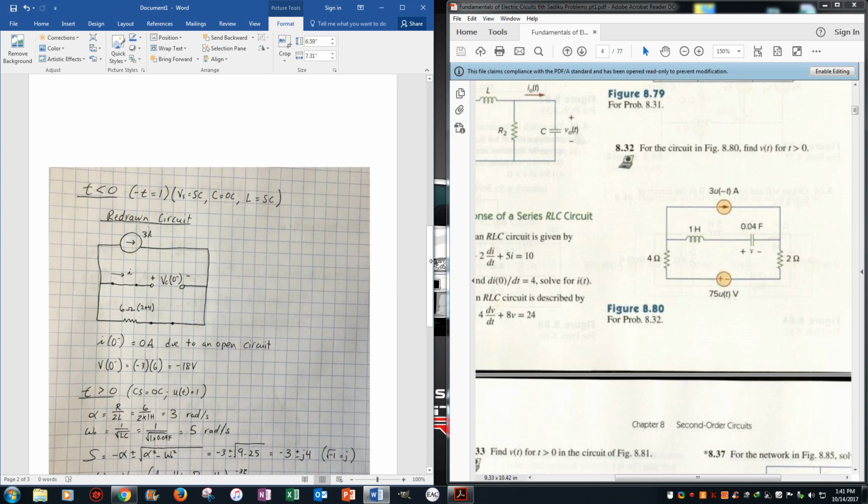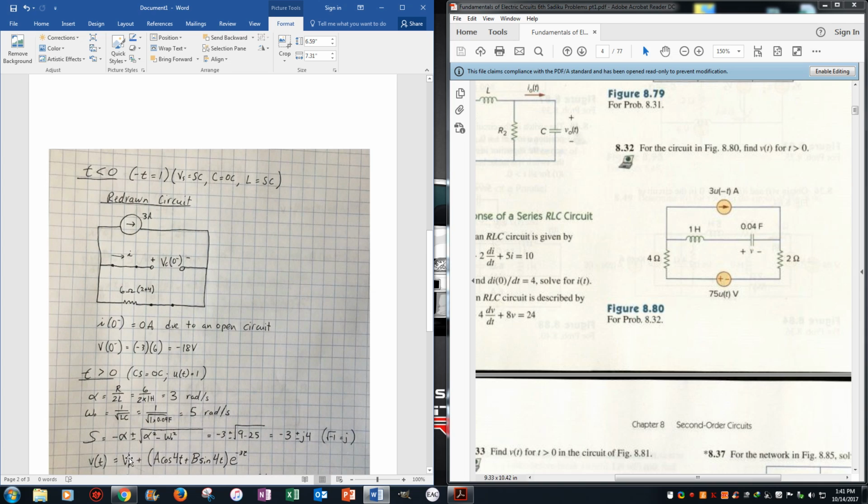Once you have that, you have to check whether it is overdamped, underdamped, or critically damped. With this formula, we get negative 3 plus or minus the square root of 9 minus 25, which gets you the square root of negative 16. The square root of negative 1 is j, an imaginary number, so it becomes negative 3 plus or minus j4.